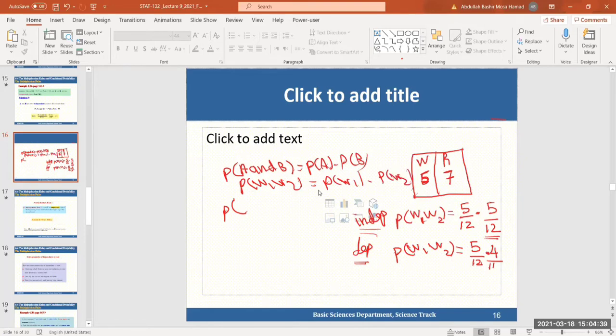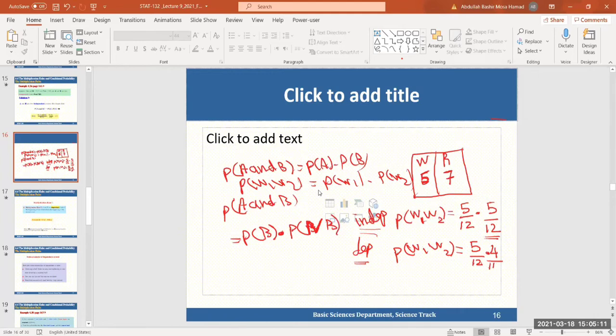So if A and B are dependent, then P of A and B equals what? Equals P of A, the first event being independent, multiplied by P of what? P of B given A. We write it like this, and we read it given A.